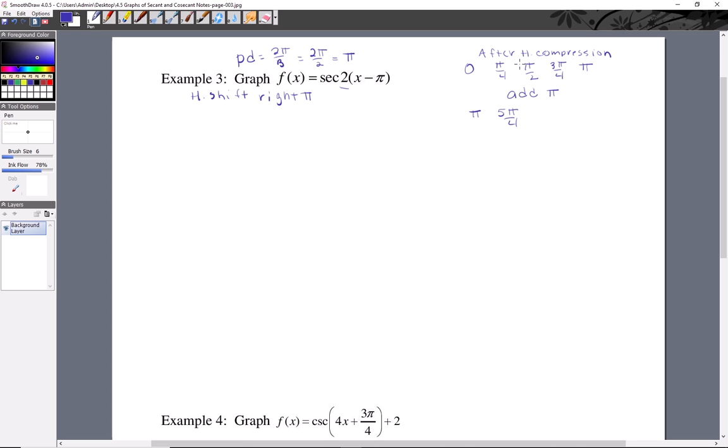And 2 pi over 4 plus 4 pi over 4 is 6 pi over 4, which is 3 pi over 2. And what you're seeing is this is going from 4 pi over 4, 5 pi over 4, 6 pi over 4, 7 pi over 4, and then finally 8 pi over 4, which is 2 pi. So this is what we're going to label our x-axis with.